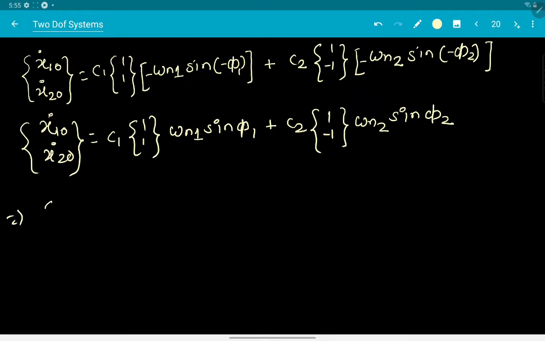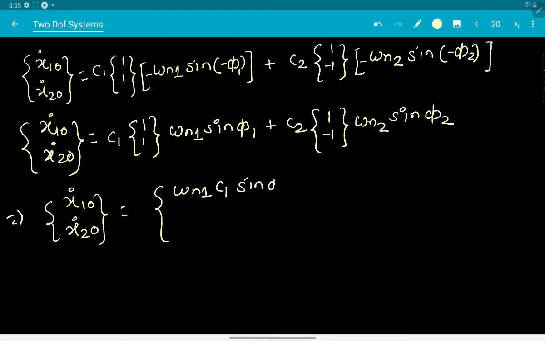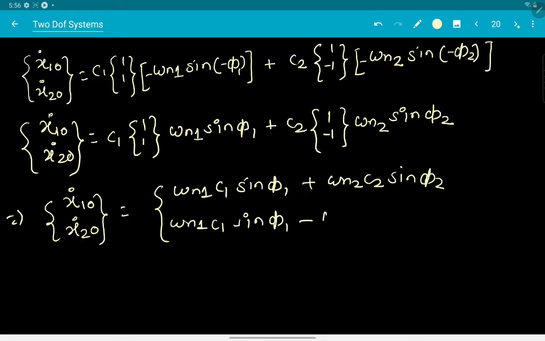You can further write it as omega n1 c1 sine phi 1 plus omega n2 c2 sine phi 2, and omega n1 c1 sine phi 1 minus omega n2 c2 sine phi 2. This is again a set that I'll be naming as equation number 2.